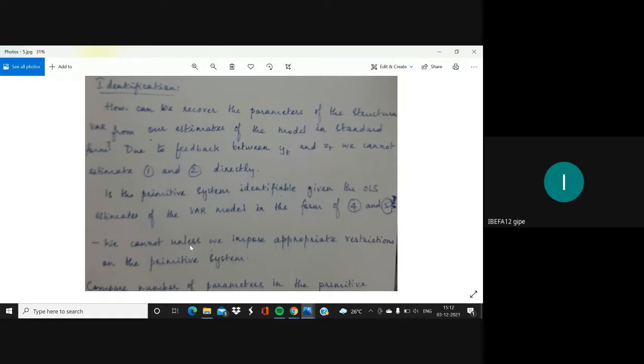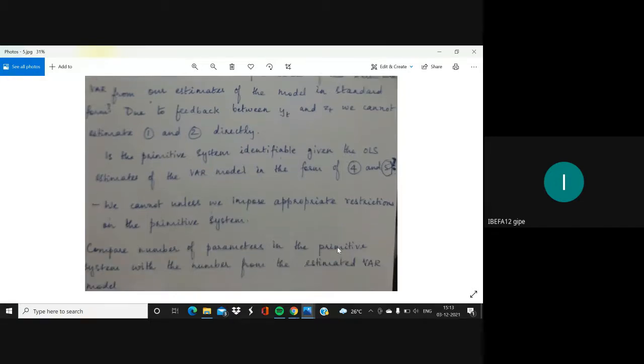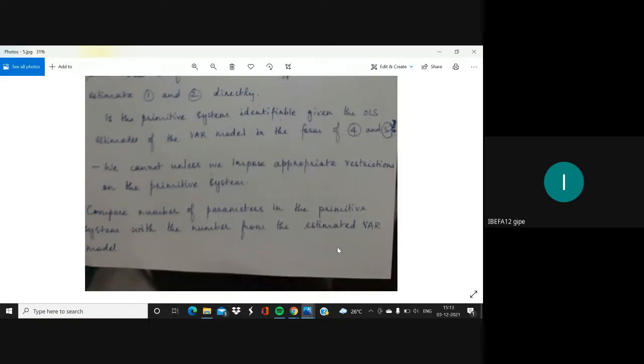Now we cannot actually do this unless we impose certain restrictions on the primitive system. So we will not be able to actually get estimates of all the structural parameters by estimating 4 and 5 unless we impose certain restrictions on those structural parameters. Now, why does this happen again?